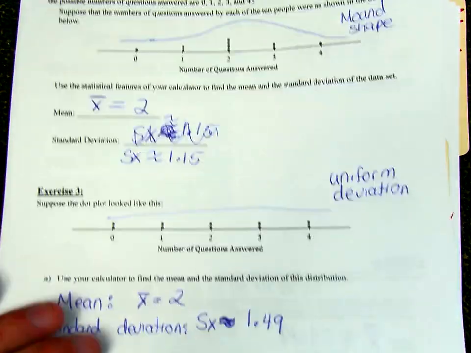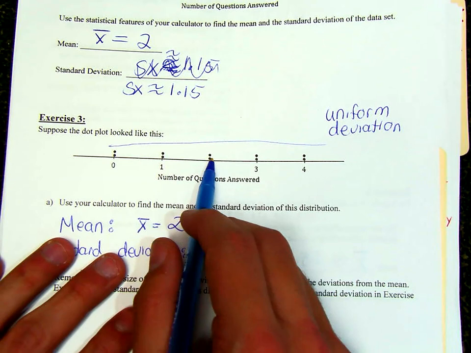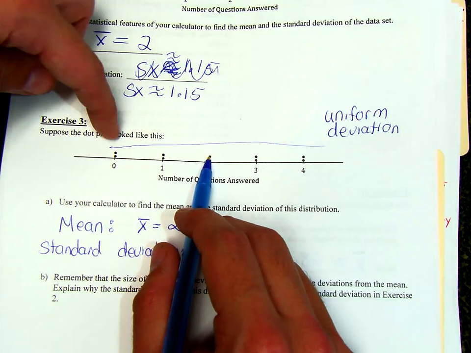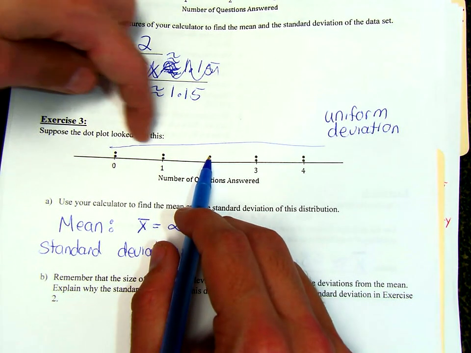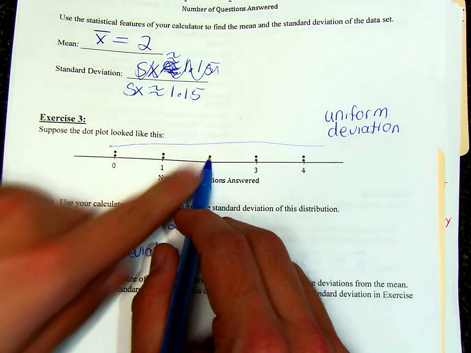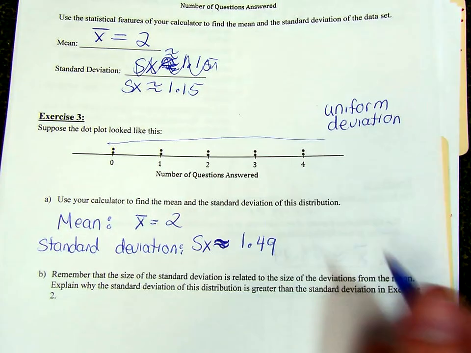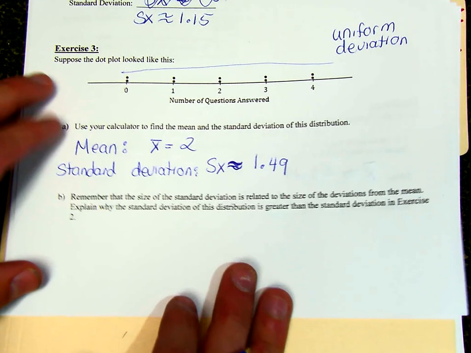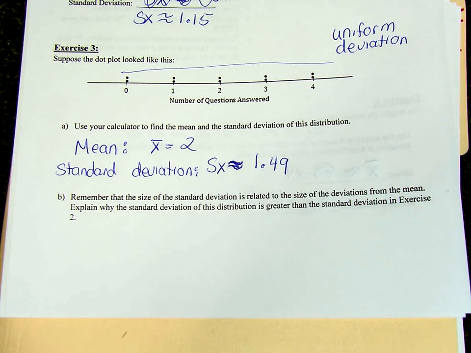But if we go down to this one, exercise 2, most of our data is kind of uniform. That means each one of these is the same amount, so we have a little bit further deviation from the mean. So, why is the standard deviation greater than the standard deviation in exercise 2?